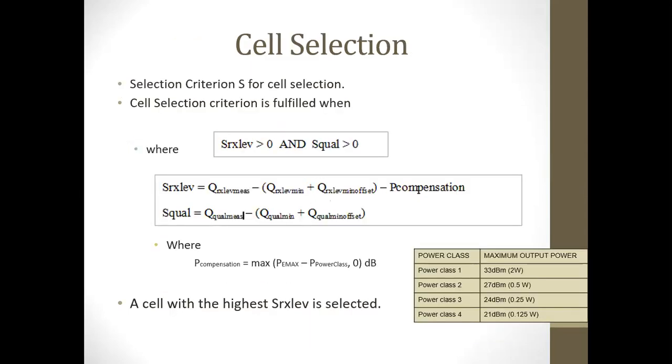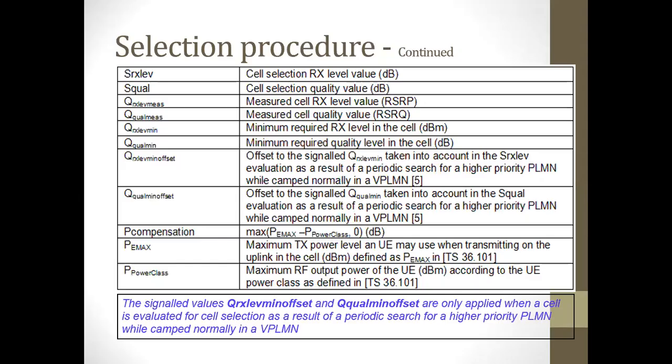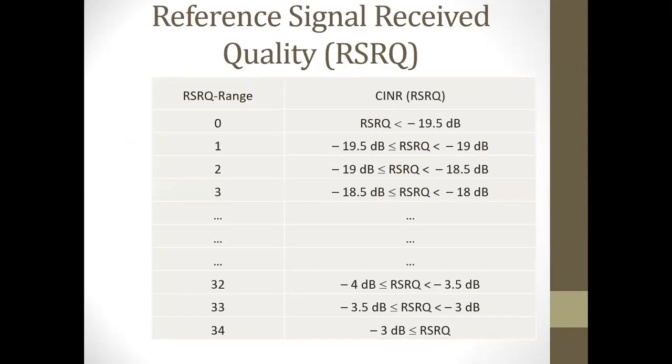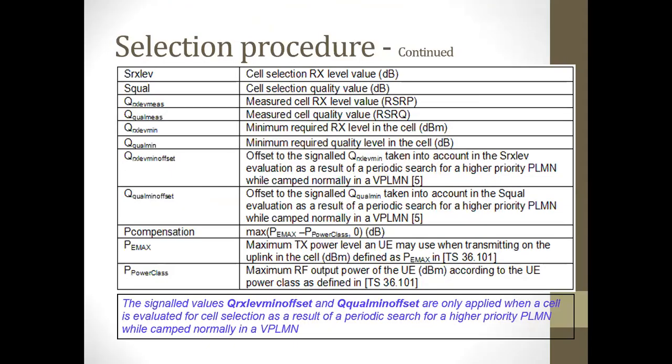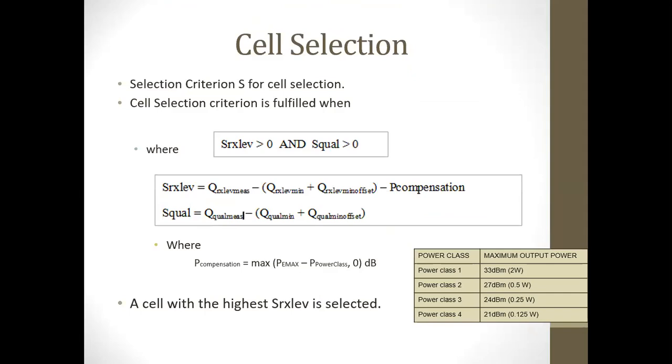We talked about cell selection suitability, the suitability criterion. We didn't discuss it in detail. I said that we do it later. So this is actually the suitability criteria. It has to be at least better than the others.